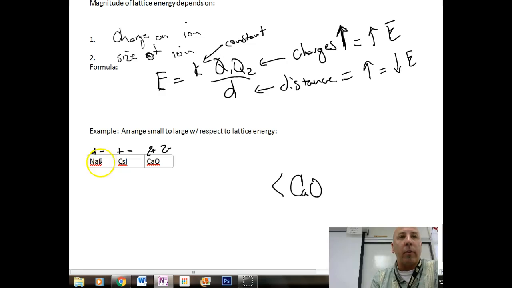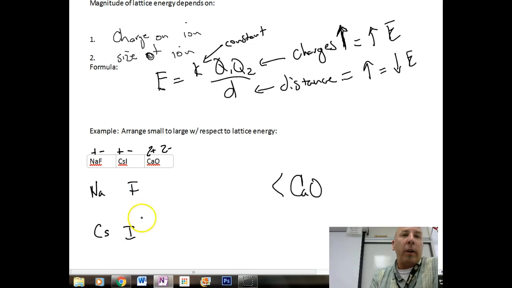Now it comes down to sodium fluoride and cesium iodide. If we follow our periodic trends, sodium and fluorine are both in period 3, and cesium and iodine are way down there in period 6. I count 1, 2, 3, 4, 5, 6, period 6.